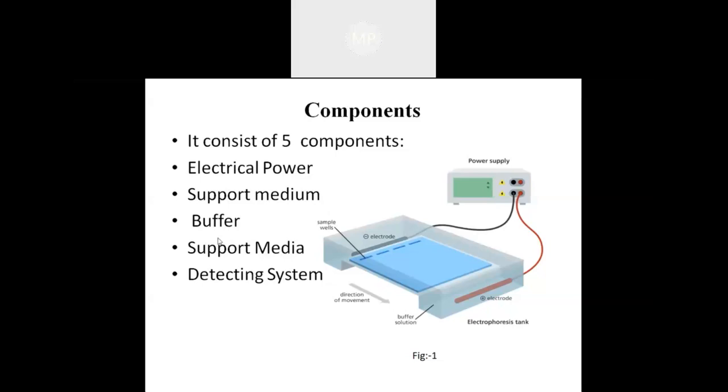This is the sample well over which the sample is applied, and this is the direction of movement of the sample. If the sample has positively charged particles, meaning cations, it moves to the cathode, and the sample which carries negatively charged particles moves to the anode.